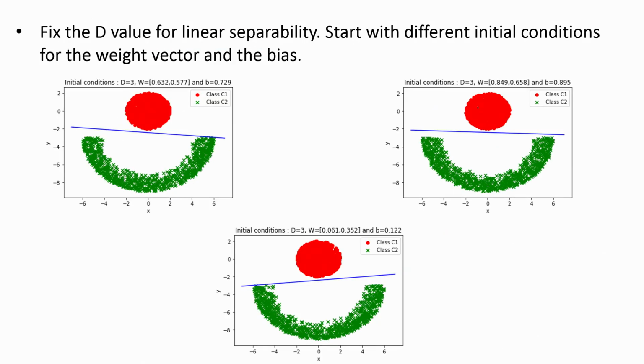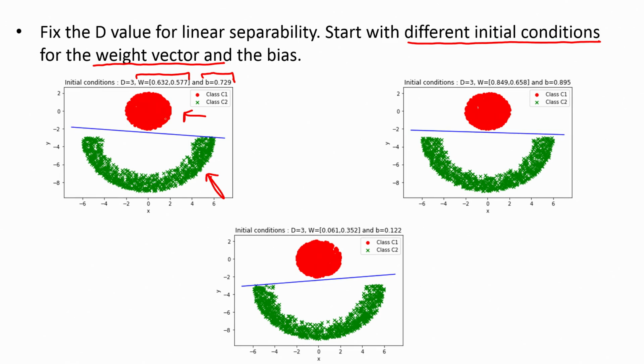Now, fixing the value of D equal to 3, let us see what happens if we have different initial conditions of the weight vector. In the first case we have chosen the weights and bias of this form. We know the data is linearly separable, so we can form multiple hyperplanes. Given a weight vector and bias of this form, the perceptron algorithm is able to converge to a hyperplane that separates the two classes.